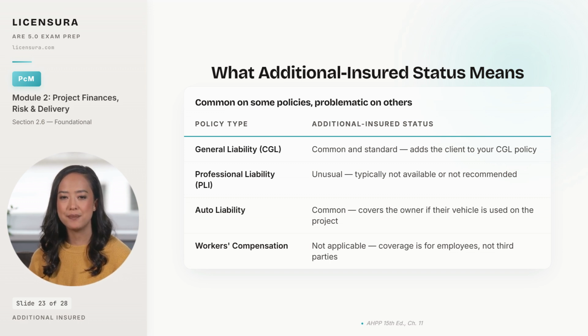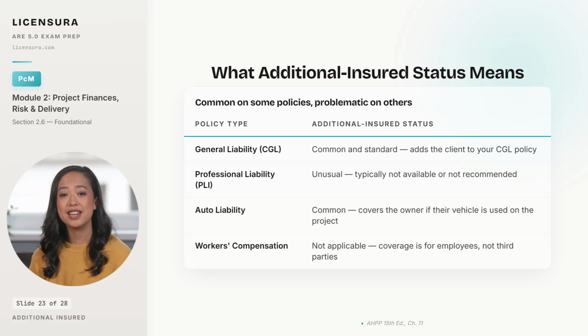On professional liability, additional insured status is unusual. Most carriers will not write it, and most brokers will advise against it, because PLI is designed to defend you against claims from third parties, including the owner. Naming the owner as an insured can create a conflict of interest in defending a claim.